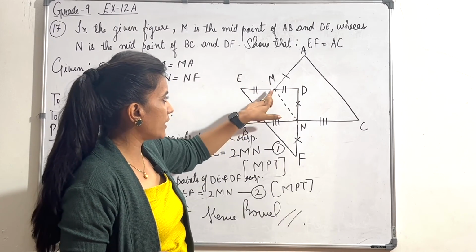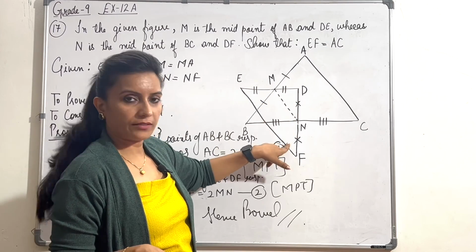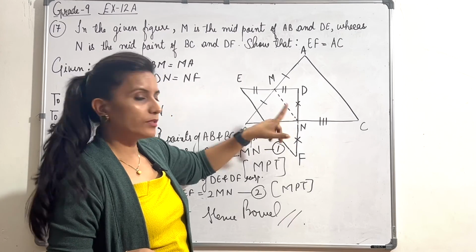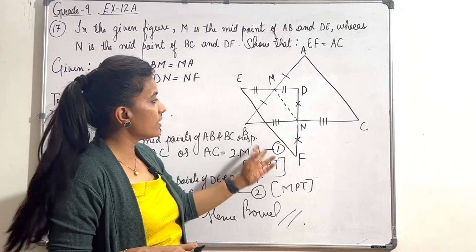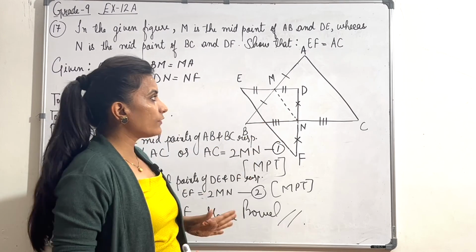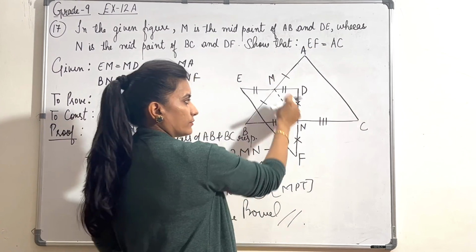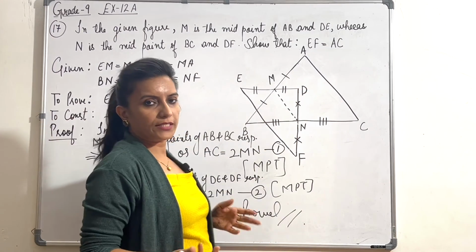In this triangle, M is the midpoint of DE and N is the midpoint of DF. So MN will be equal to half of EF, or you can say EF is double of MN. So we have shown that these two lines both are equal to double of the same line, which is MN. So they both have to be equal to each other, right?